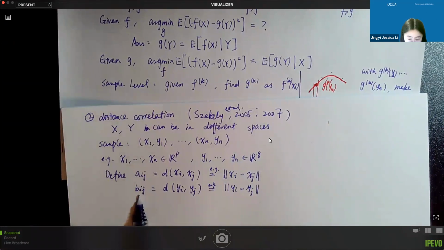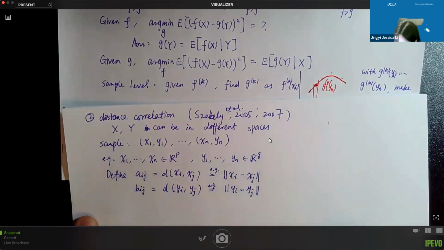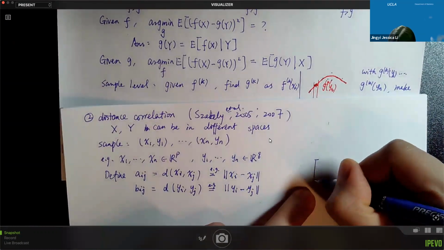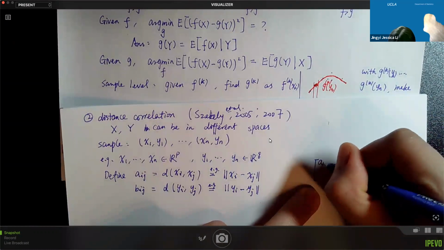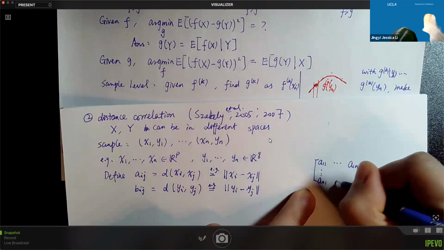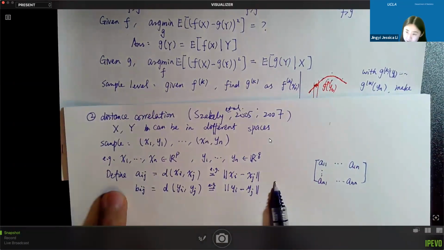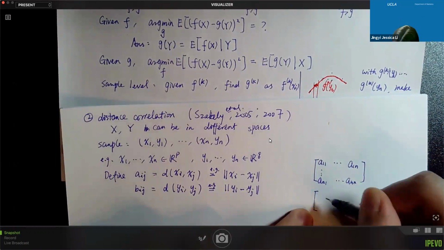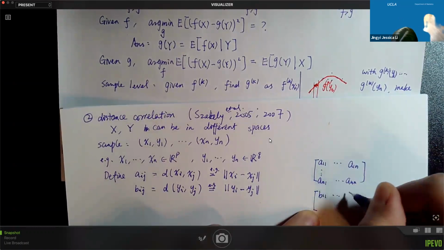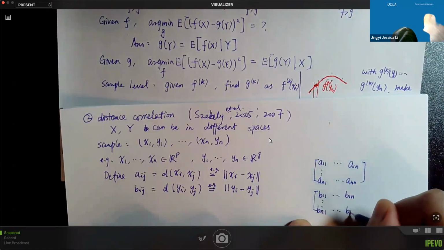So two matrices. Then what we're going to do is double centering on those matrices. If you think of a matrix, I'll put A11 to A1n, down to An1 to Ann. That's the matrix of the Aij's. I can also put B11 to B1n, down to Bn1 to Bnn.